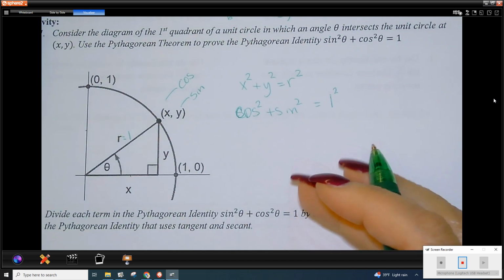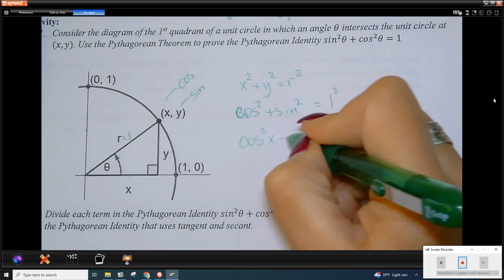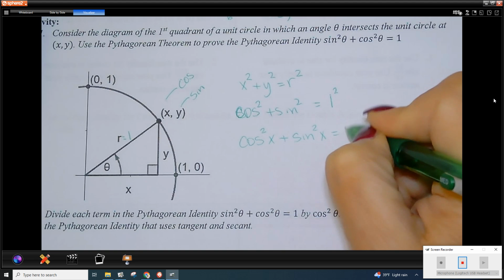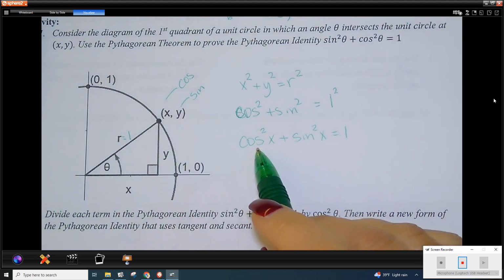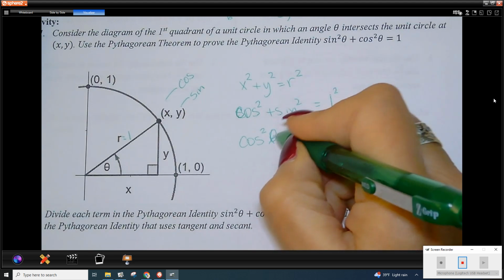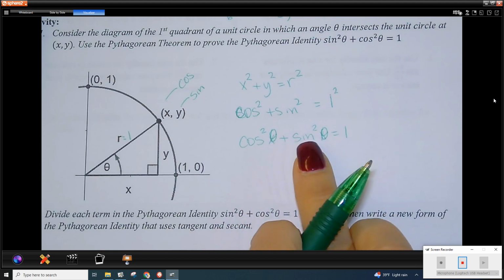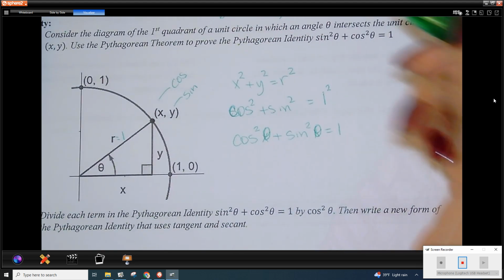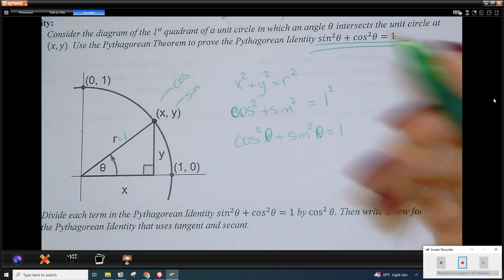Now, you could write it like this, which this x is a different value than this x, but cosine squared, or not x, let's use theta. Cosine squared plus sine squared equals that, but usually when we are using this, sine is king, sine is first.